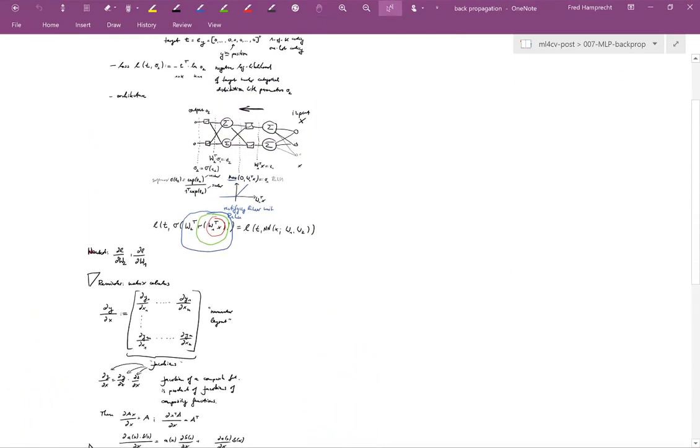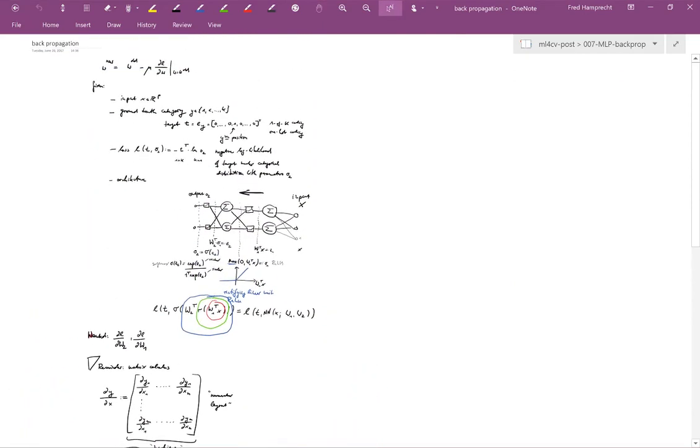Yes? Here, for example, in this example, we always use ReLU in the intermediate layers and softmax in the end. So why ReLU in the intermediate layers and softmax at the end? Is that the question? Yes.